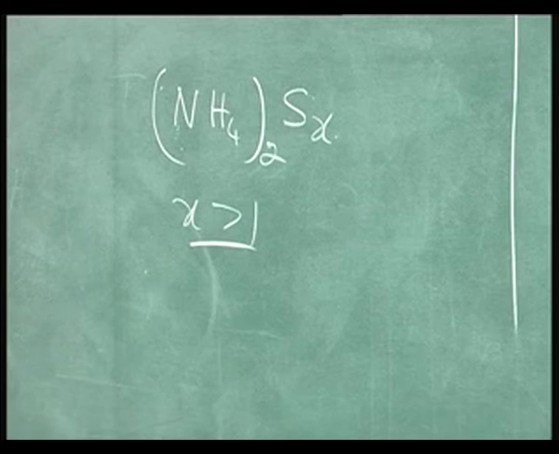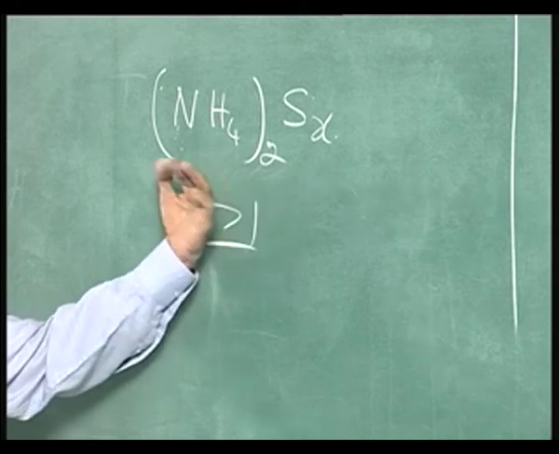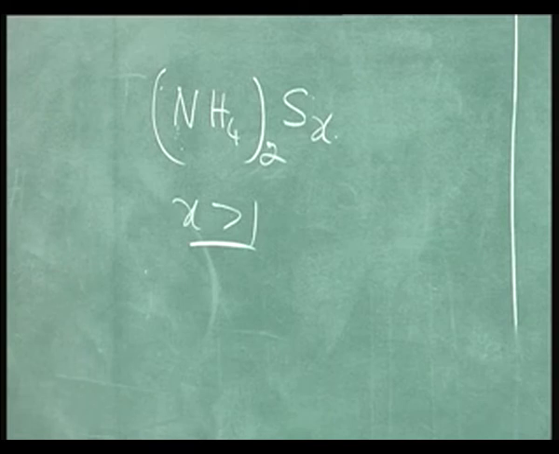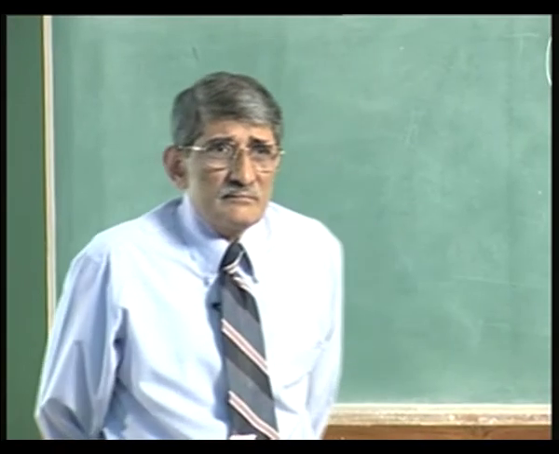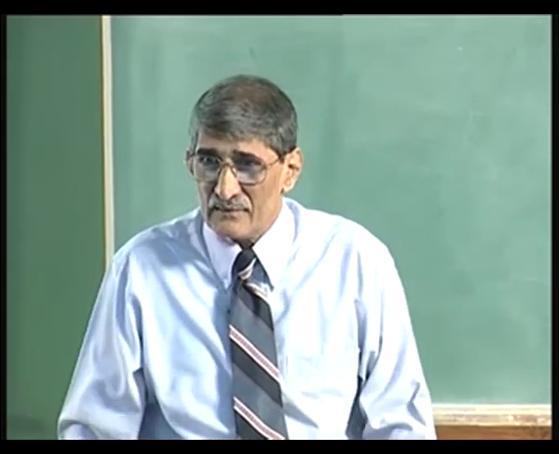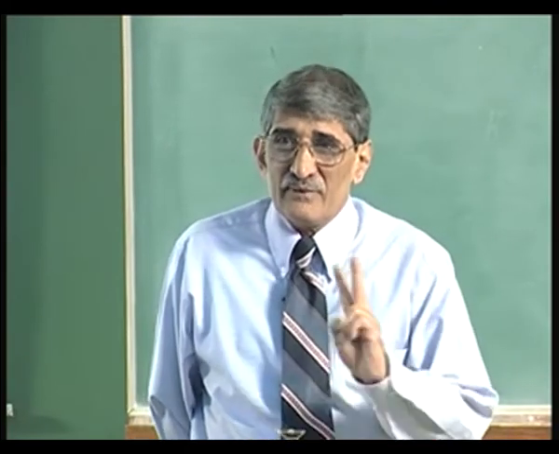This is called ammonium sulphide solution, which is rich in sulfur, a sulfur-rich ammonium sulphide. x is not 1, x is greater than 1. There are a lot of reports which came around in the 90s which said that if you use ammonium sulphide with x greater than 1, in the range of 1 to 2, you can buy the solution. If you use that, two things happen.